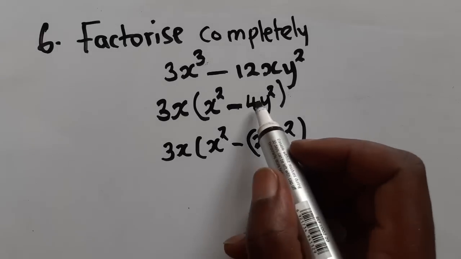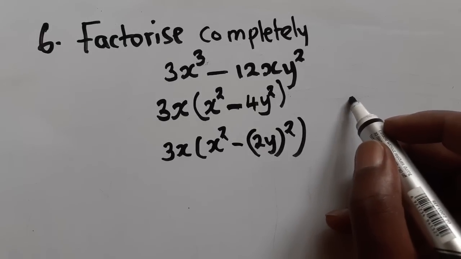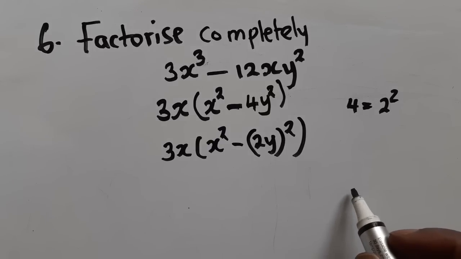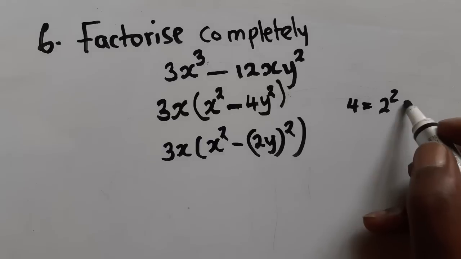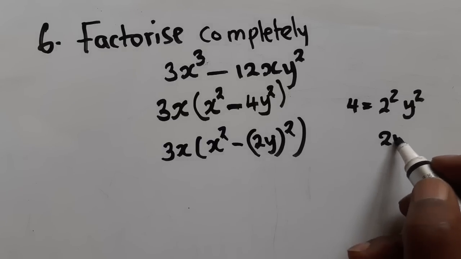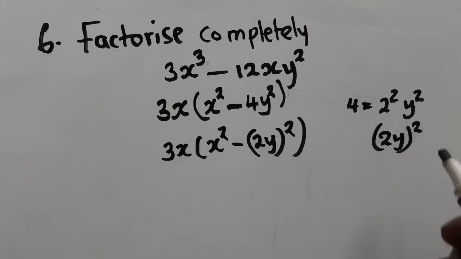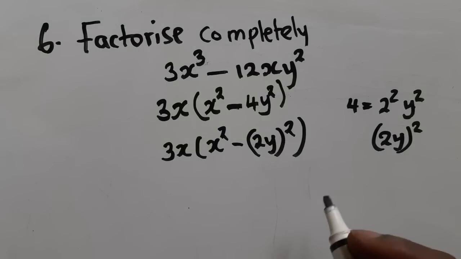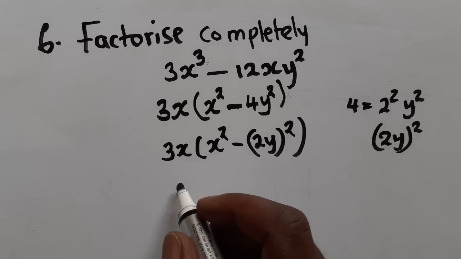Okay, 4 can also be written as 2 squared, then you have y squared. Both of them are squared, so you can put them in brackets and bring the square outside. Okay, so now when you check what is in the brackets, we have a difference of 2 squares.